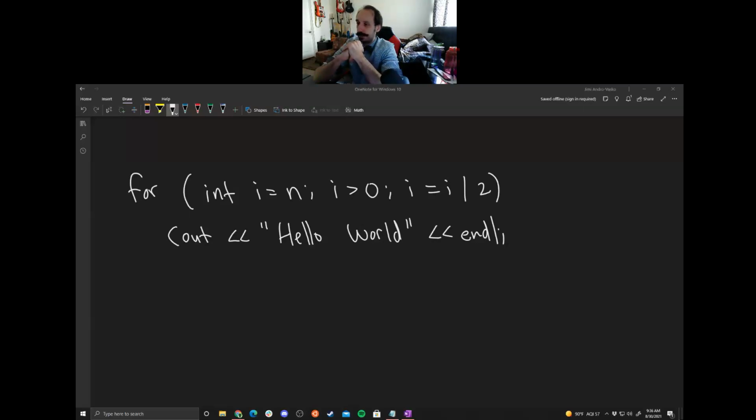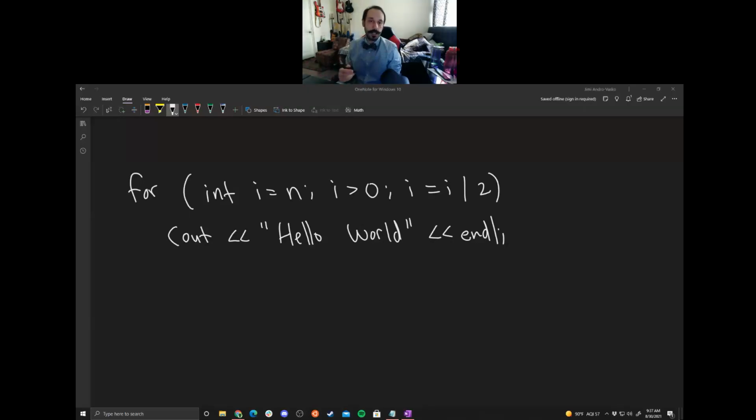So in this case, if I divide n by 2 and keep dividing it by 2 again and again, and I count how many times I have to divide n by 2, then this is going to be a logarithmic growth rate. The definition of log: log base 2 of n really means how many times I divide n by 2 until I get 1 or 0.